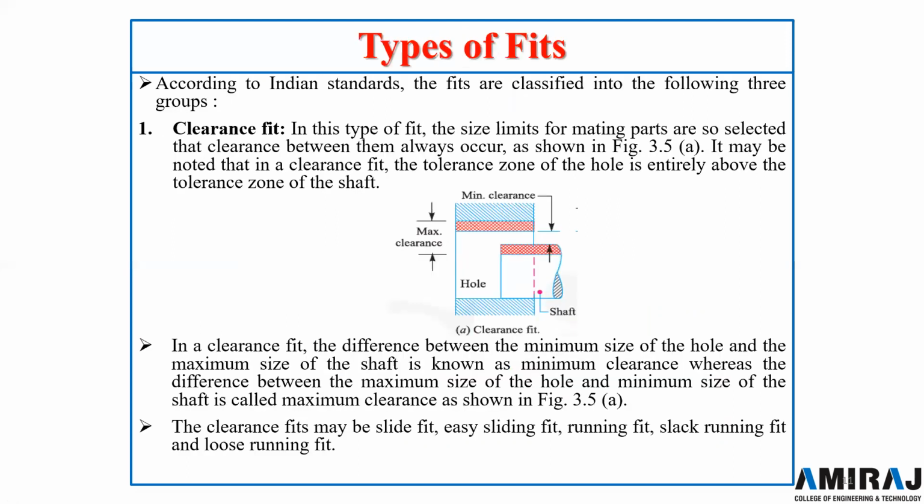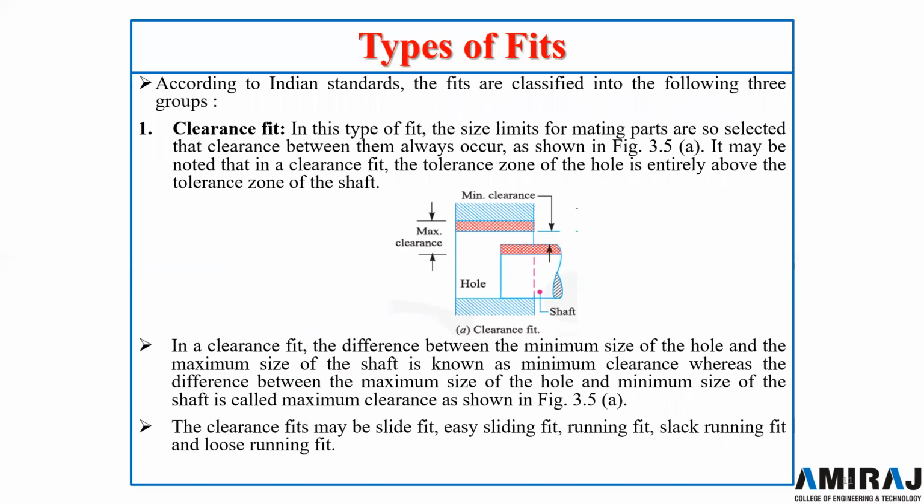Here again it is mentioned about the types of fits in detail according to Indian standards. The fits are of three types, as I explained. The first one is the clearance fit.